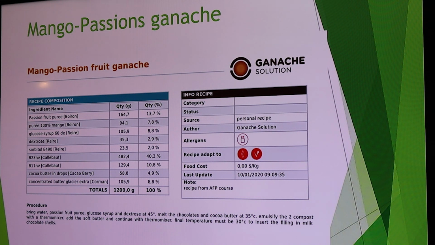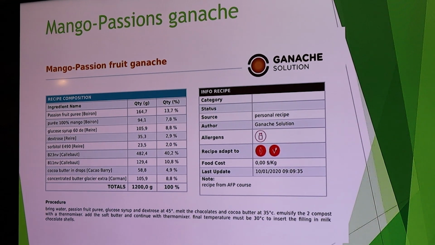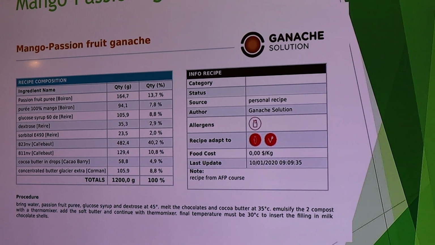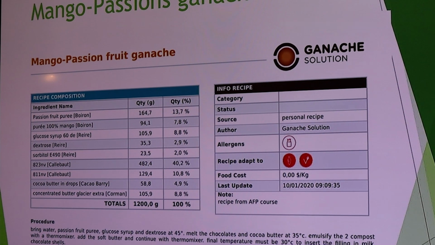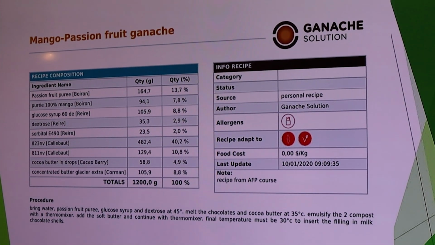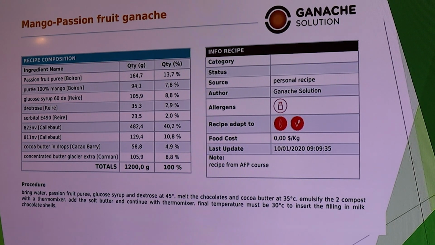Here we actually have a standard ganache. We used this for a food fair some years ago here in Oslo, in Smakmessen. So here you can see where we play with a lot of ingredients.